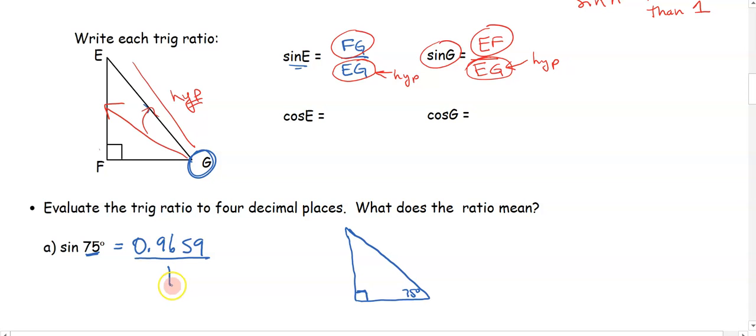So I'd have to create the denominator over 1. The opposite to this angle is 0.9659, and the hypotenuse is 1. You can see they're very close in length. This length is just slightly smaller than that, based on the ratio.